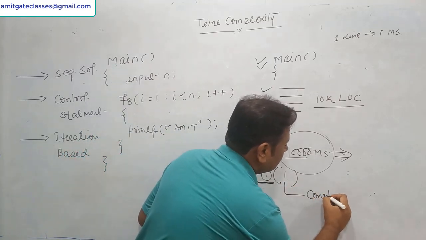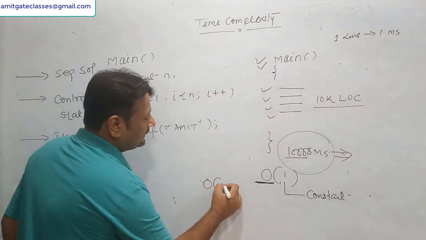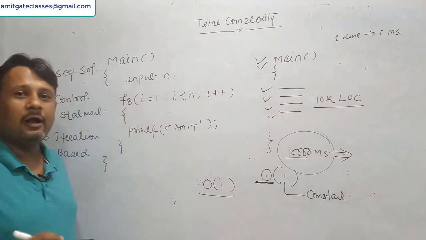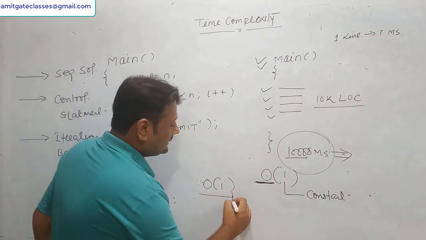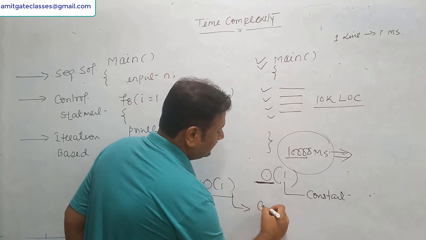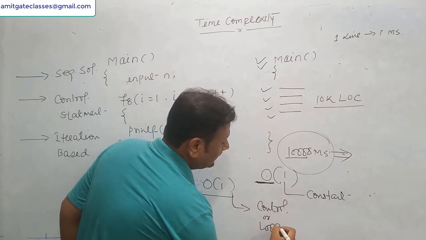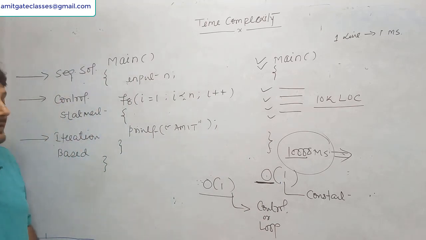So if somebody says my program is going to take order of 1 time, in conclusion you will get that this program does not contain any control statement or loop. Is this point clear?